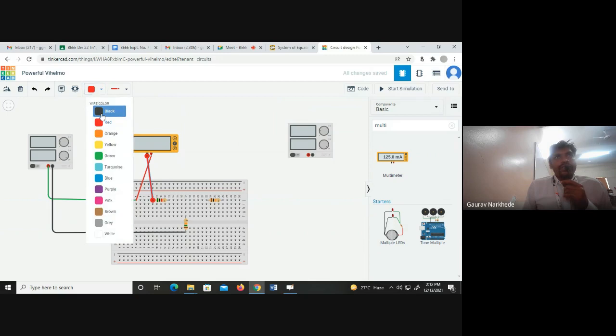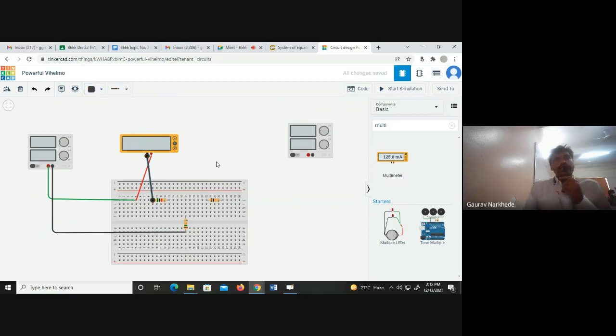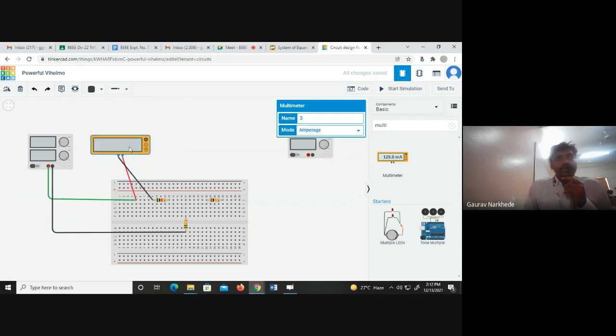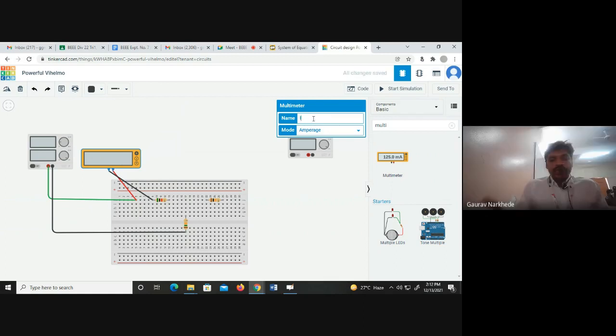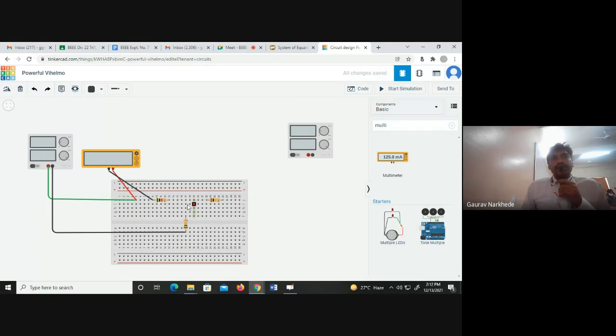Let me put it as black. Any problem in this? This is to read your amperage. This is your I1. Then similarly, this is connected here, this is connected here, and whatever current will flow through this.